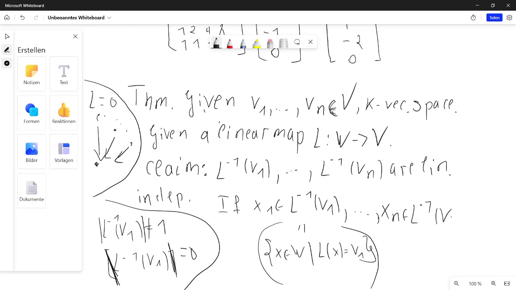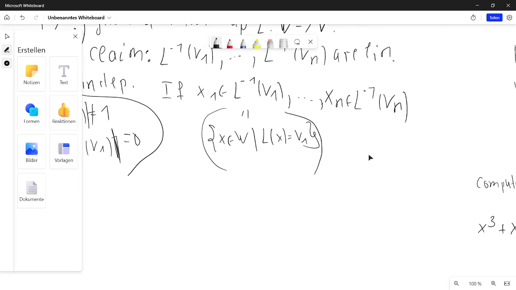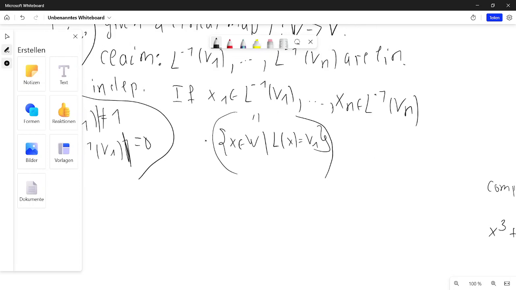And keep in mind, we don't have any assumption on W. Of course, it only matters what we have in V, because the number of the vectors under consideration is already determined by the number we take in V. So it doesn't matter what dimension W has. Then x1 to xn are linearly independent as well.